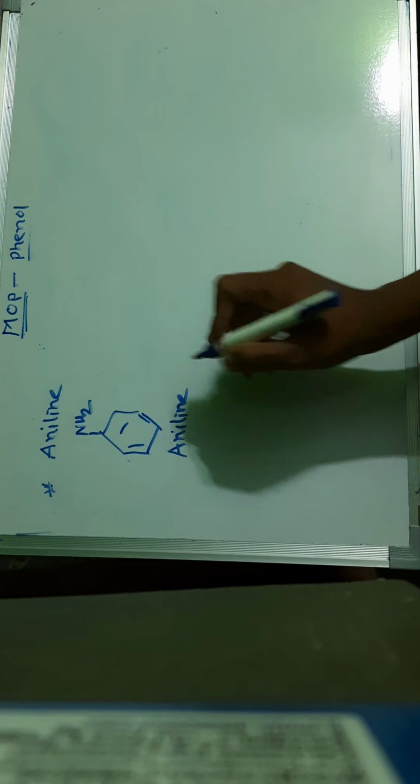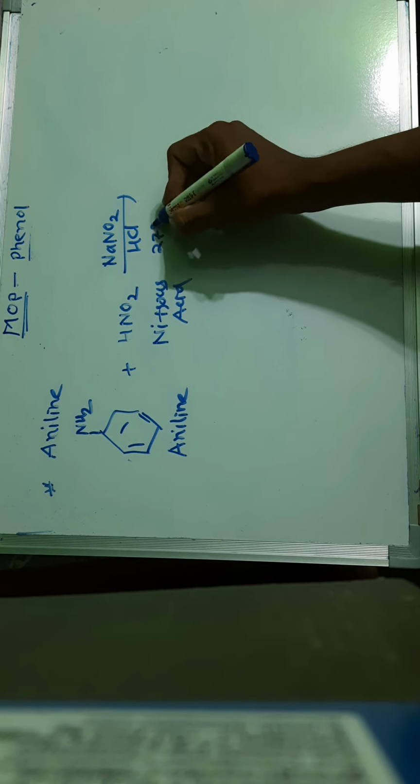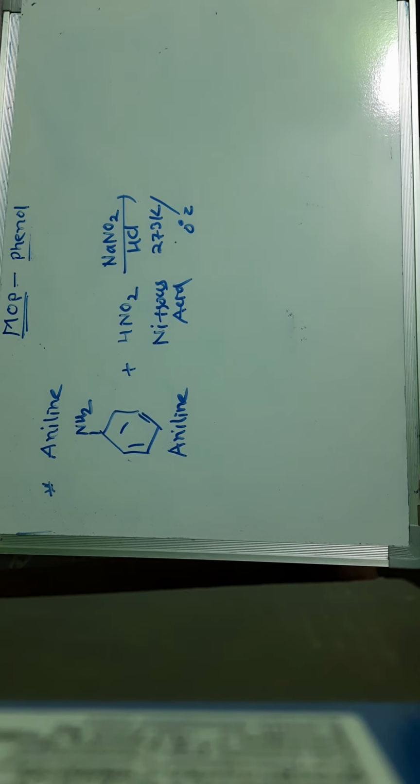Now, when this aniline reacts with HNO2, that is called nitrous acid. This nitrous acid can be formed by the reaction of NaNO2 and HCl at near about 273 Kelvin, or we can say 0 degrees Celsius.